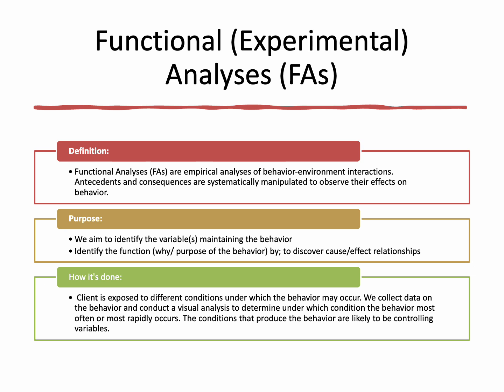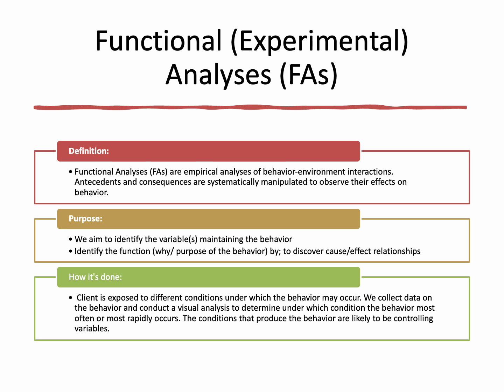They're referring to a systematic and empirical analysis of behavior and environmental relations. We're basically putting clients through a systematic manipulation of antecedent and consequent events to observe their effect on the behavior. The aim or the purpose of a functional analysis is always to identify those different variables that are maintaining behavior.